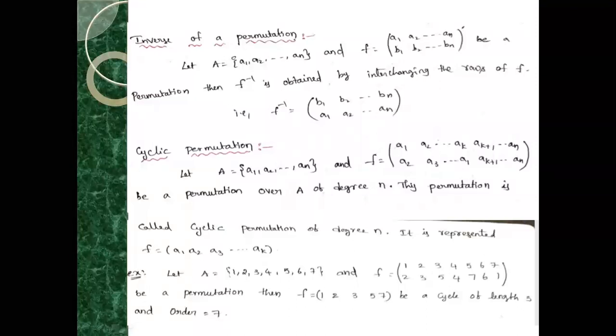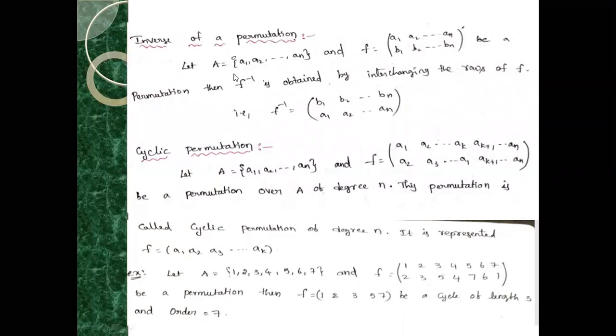Then F inverse is obtained by interchanging the rows of F. Interchanging the rows of F means the second row goes in the first row and the first row goes in the second row. That is F inverse. So F inverse is equal to B1, B2 and so on BN, A1, A2 and so on AN.